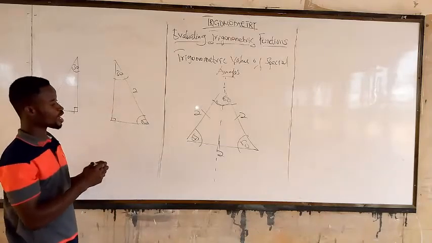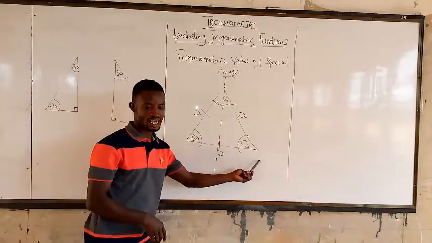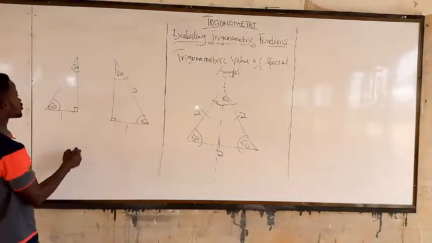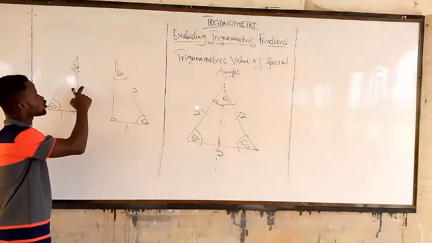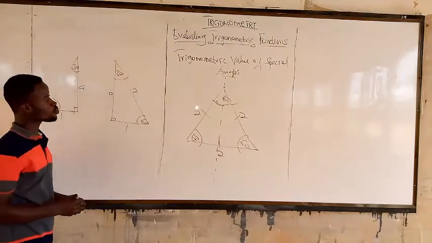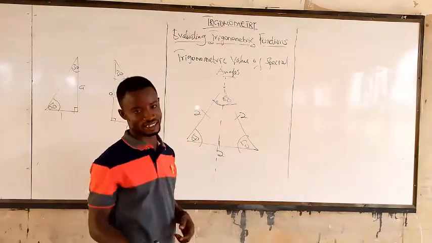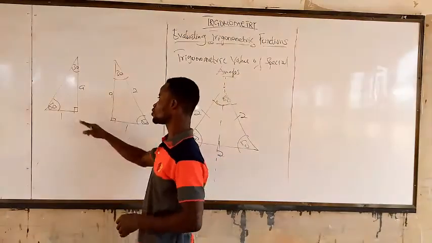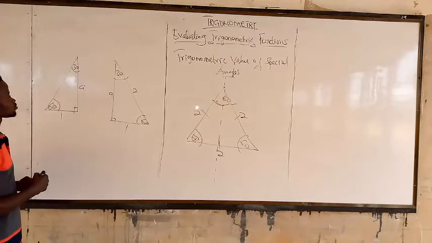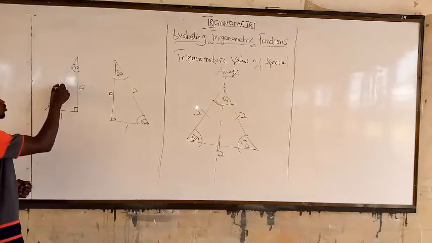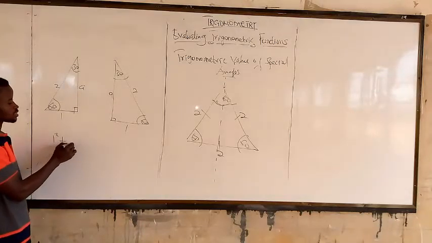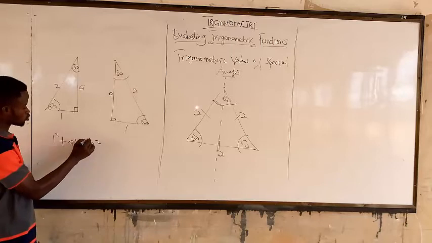Here will be 2. Since we have bisected it, from here to here is 2, so here will be 1 and here will be 1. But we don't know this side. Let's represent that by A. So when we represent the opposite side by A, we go and find that, knowing that whatever you get here is the same as whatever you get here. From the Pythagorean identity, here is 2, and we can go for A. 1 squared plus A squared is equal to 2 squared.